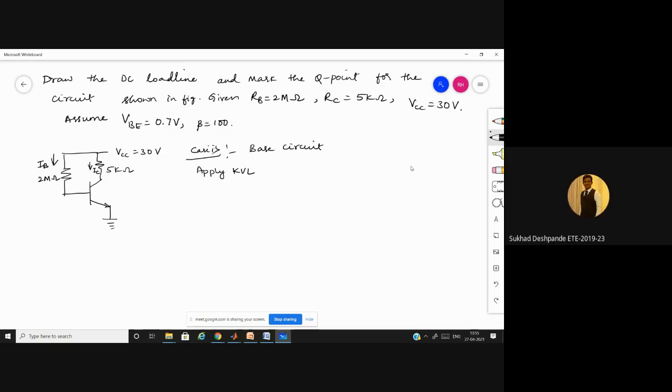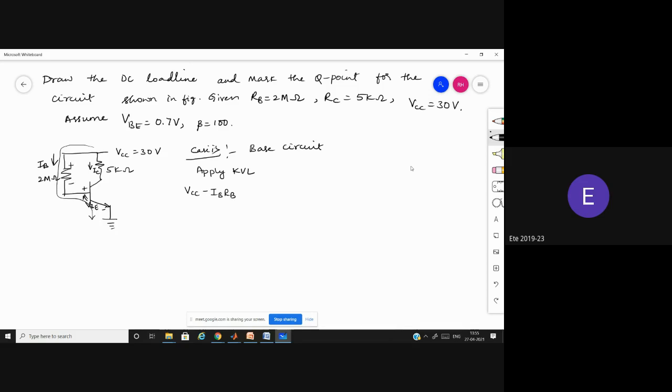NPN. So we can easily apply our normal method, and this is plus, this is minus, this is our VBE. Apply the KVL: VCC minus IB RB, entering point, leaving point.